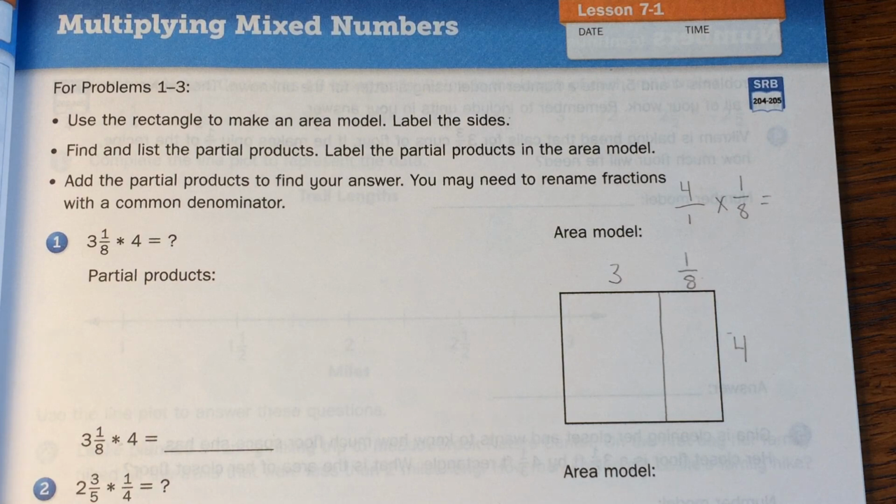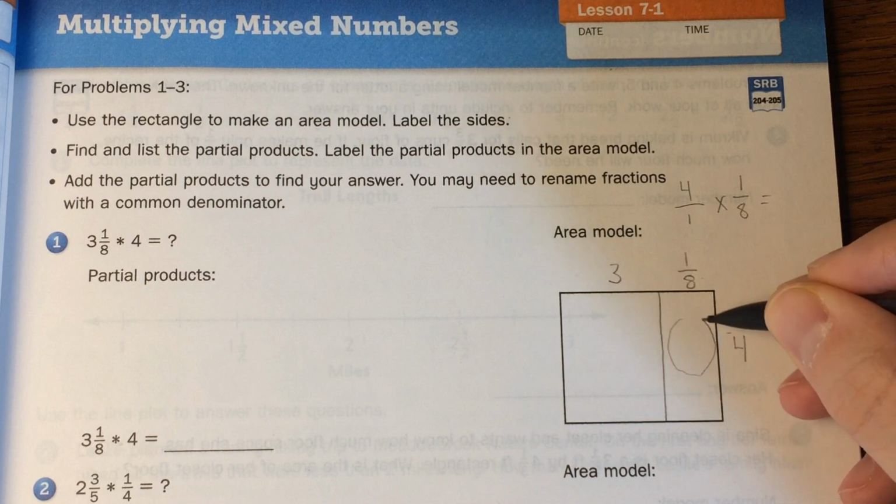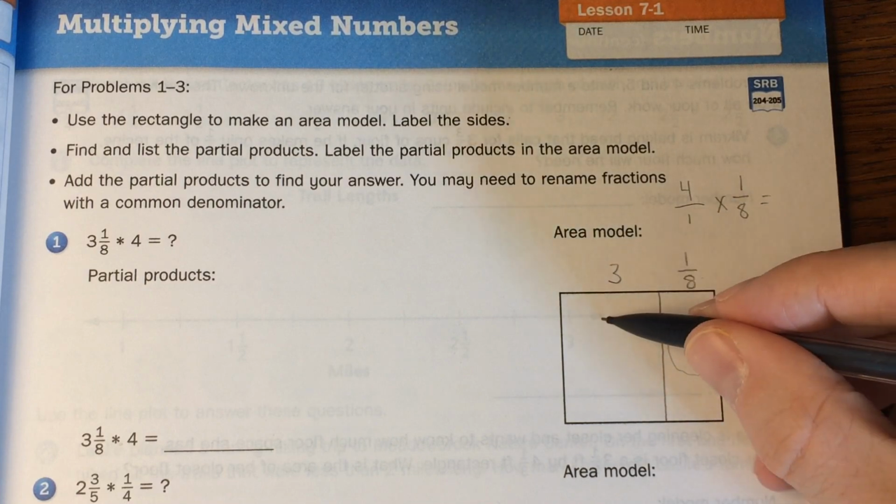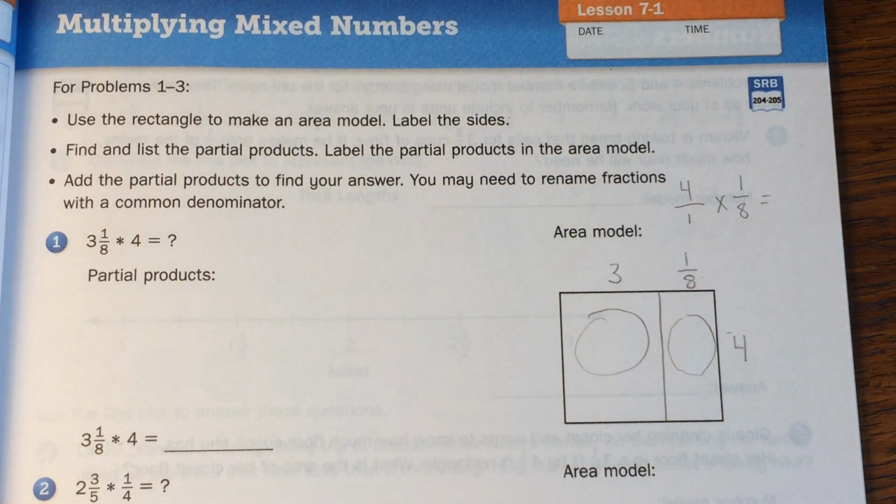Okay, so you're going to end up with 2 answers, one that fits in here for 4 times 1/8, another one that fits in here for 4 times 3. You're going to add those together to get your answer.